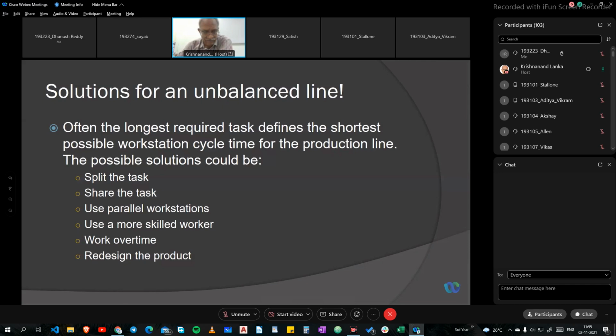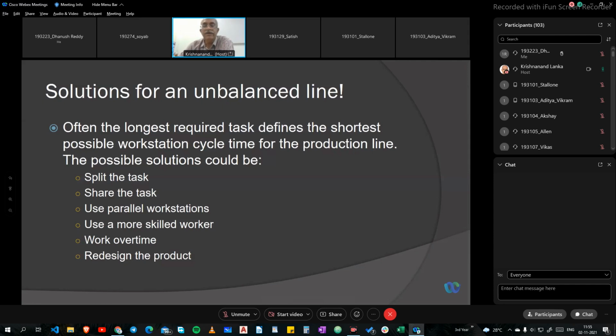So here, redesign the product, work overtime. All these solutions can be looked at to solve this bottleneck issue in the assembly line.